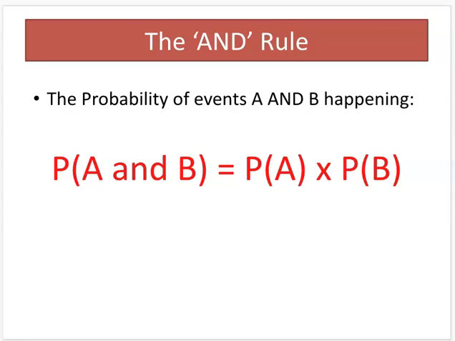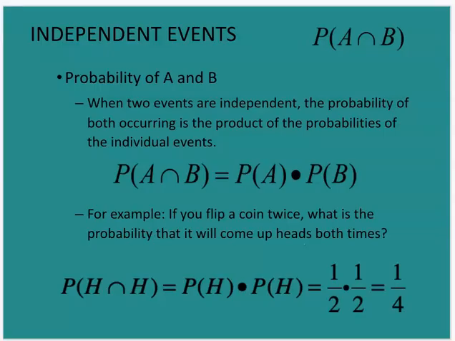The probability of events A and B happening, you take the probability of event A happening and multiply it by the probability of event B happening. So this is true when the events are independent. So the probability of A and B, which notice from set theory notation is A intersection B, when two events are independent, the probabilities of both occurring is the product of the probabilities of the individual events.